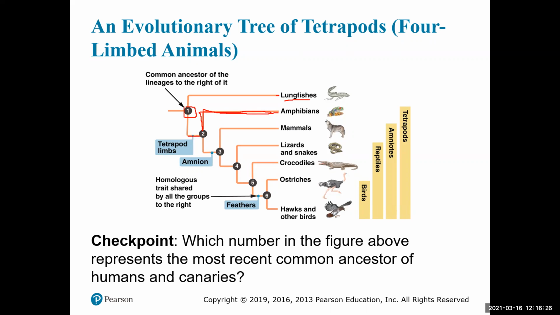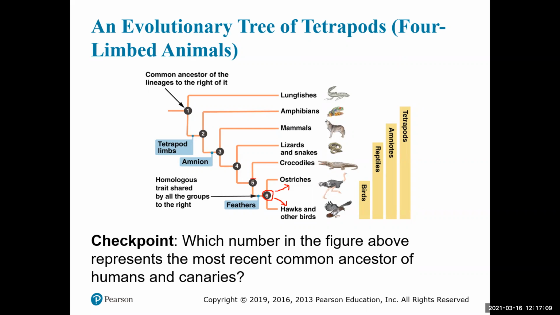And this branch here has split into two branches and so on and so forth. So we have this nested relationship here. And the way you read this tree is this ancestor here gave rise to ostriches and other birds. Ostriches and all of the other birds share a common ancestor, and we don't really know what this ancestor is per se, but we know that there's this hypothetical ancestor here.